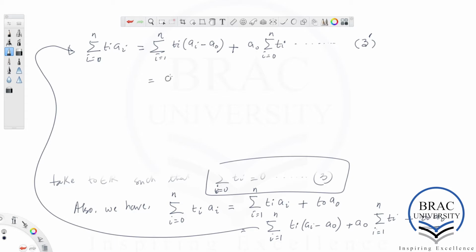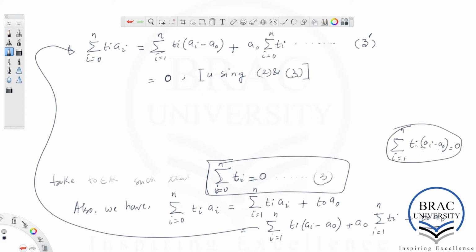this guy is 0 by using 2 and 3. So if you don't remember 2 and 3, let me write them. 3 is already here, and 2 was this: the sum of all the terms Ti times Ai minus A0, where i runs from 1 to n, is equal to 0.